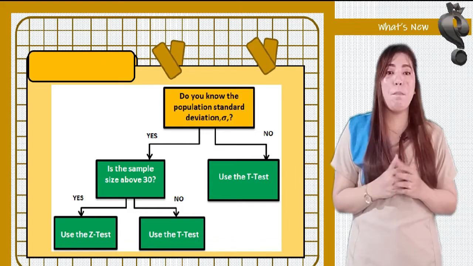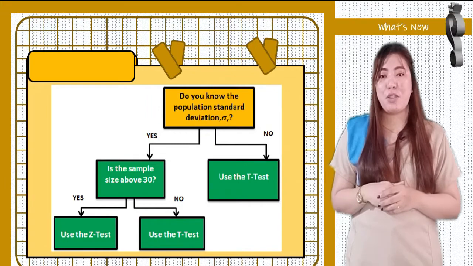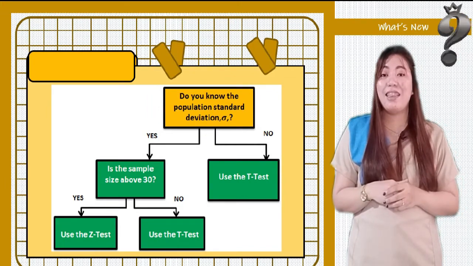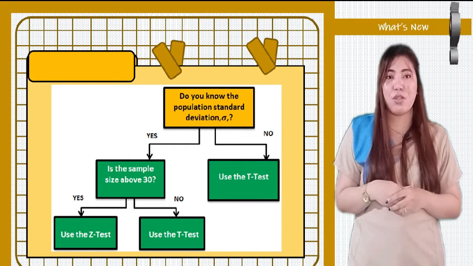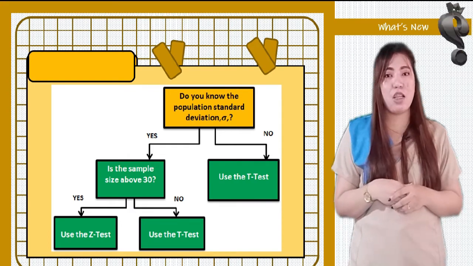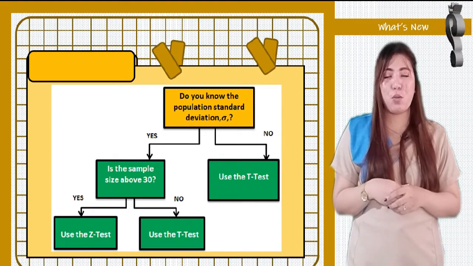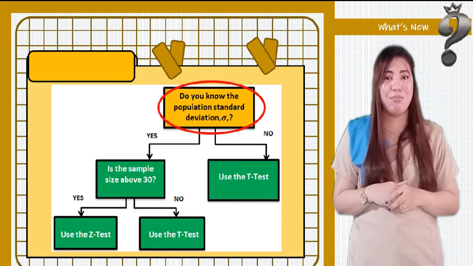There are two main statistical tests performed concerning the population mean. They are known as the z-test and the t-test. Here are the guide questions to know what test statistic we will be using. First question, do you know the population standard deviation?